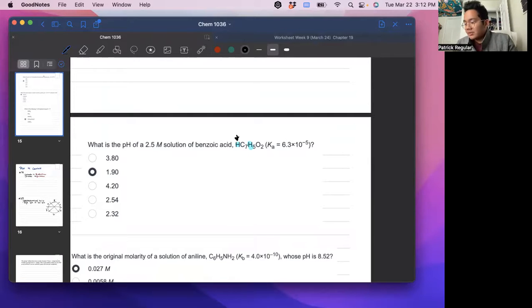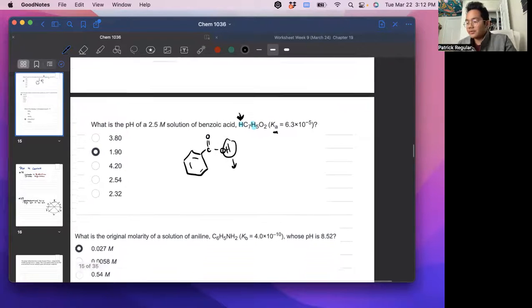And benzoic acid, the compound in real life, looks like this. It's again a carboxylic acid. It's not really written that way in this compound, but just the fact that you know that this hydrogen right here is being protonated, you know that it's an acid. It also tells you the Ka, but in all honesty, it could give you the Kb and it could be an acid. That's something you should really know.